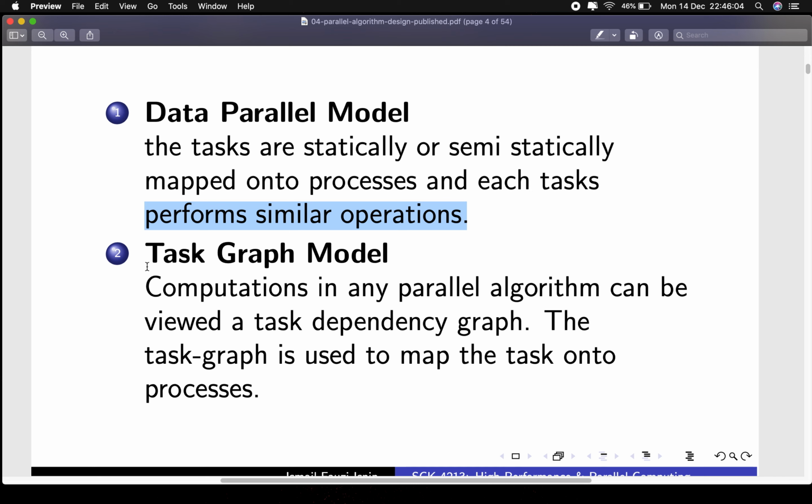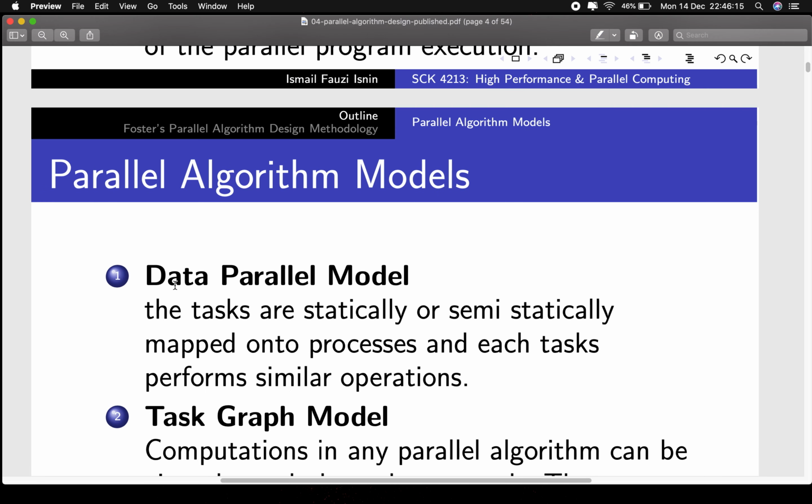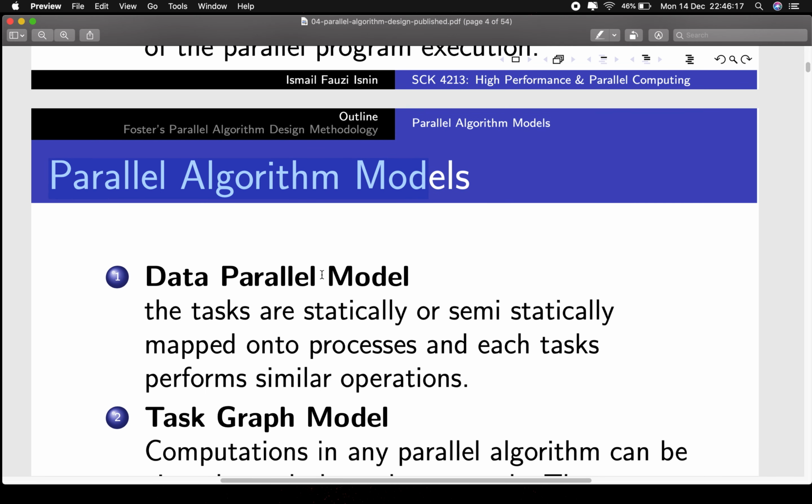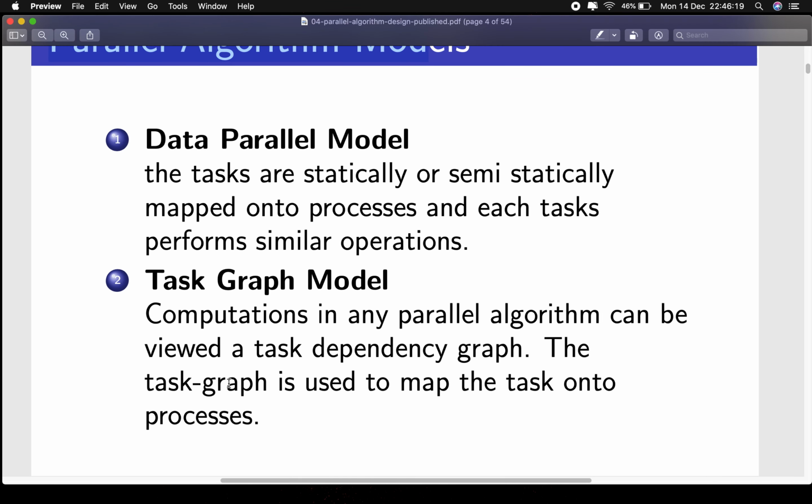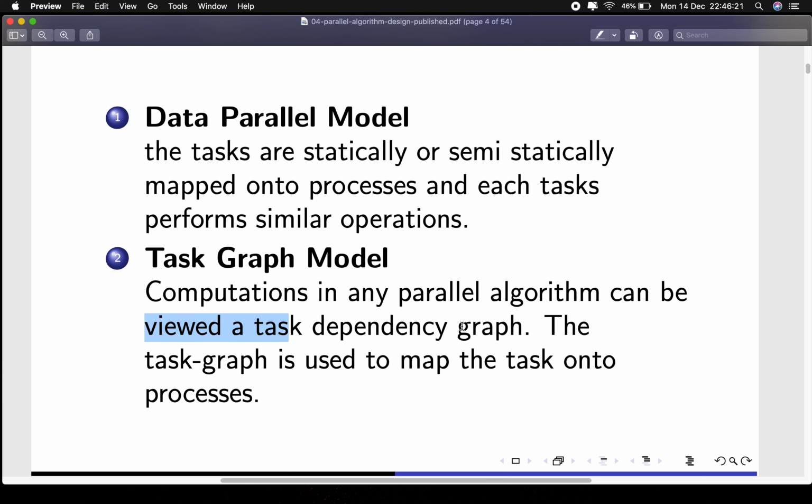Next is the task graph model. In the task graph model, the computation in the parallel algorithm can be viewed as a task dependency graph.